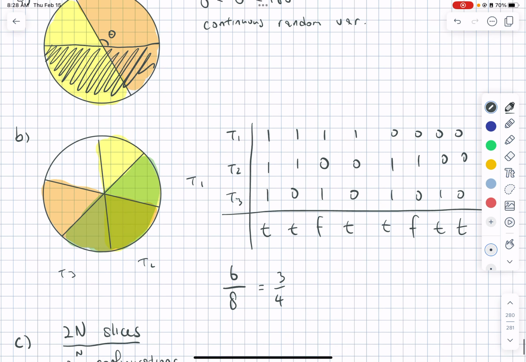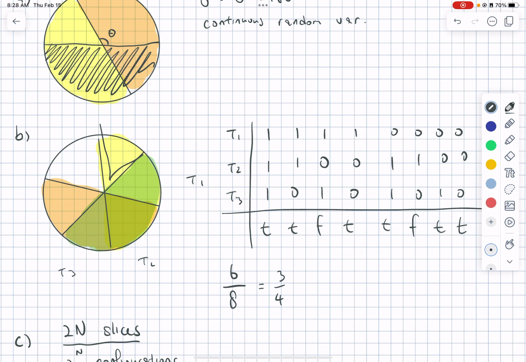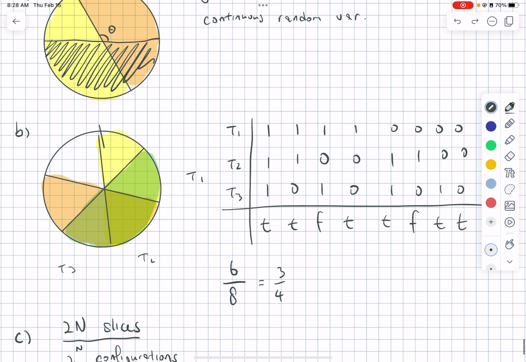And we notice that from part B, every single slice has exactly 1 configuration where it is covered by all 3 toppings. For example, in this top slice here, this requires T1 to be 1, T2 to be 0, and T3 to be 0. So it's the 1, 0, 0 slice.